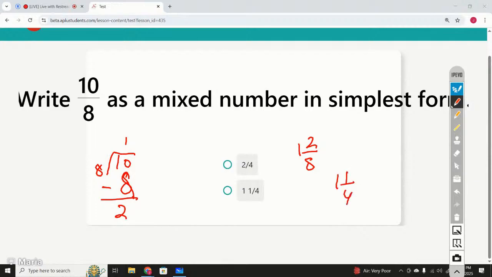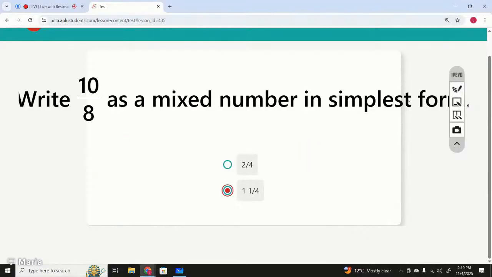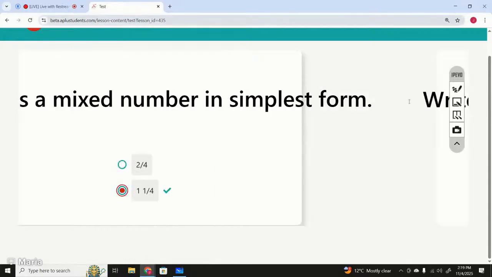So 1 whole 1 over 4 it is. Option number 2 is the correct option. That is 1 whole 1 by 4.